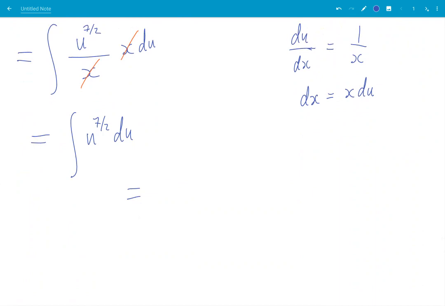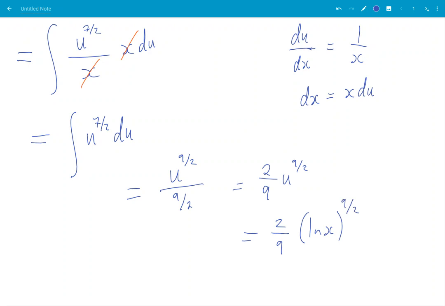Power rule: I add 1 to the exponent, giving me 9/2, and then divided by also 9/2. So that's 2 over 9 u to the 9/2, which is 2 over 9 ln x to the 9/2 plus constant.